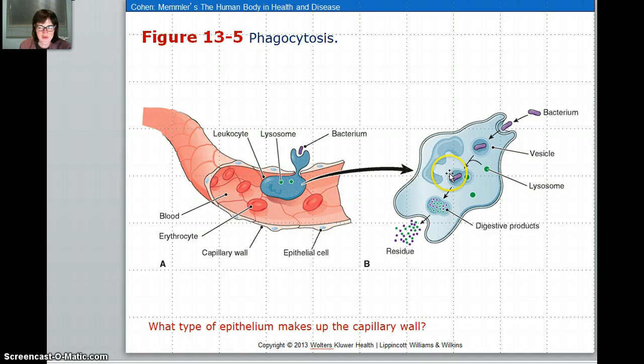The bacterium will then fuse with a vesicle such as a lysosome, and then they will spit out the digestive products later on. Very important. Phagocytosis is happening in your body right now. A normal healthy immune system normally has lots of phagocytosis going on all the time.